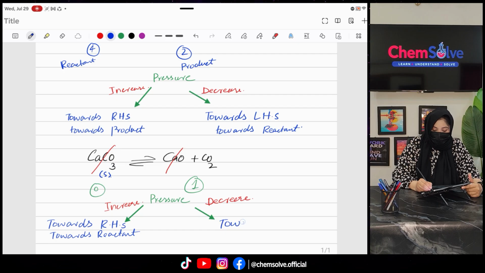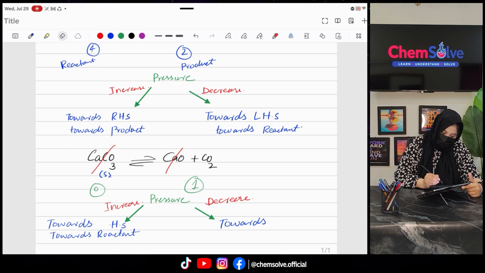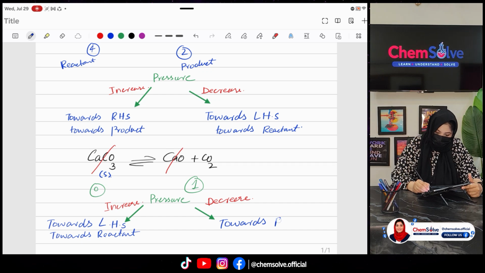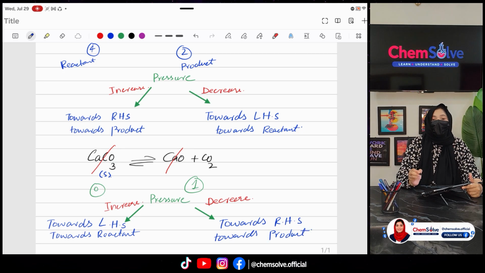So I will say towards right hand side, I mean towards product. I hope you have understood the concept.